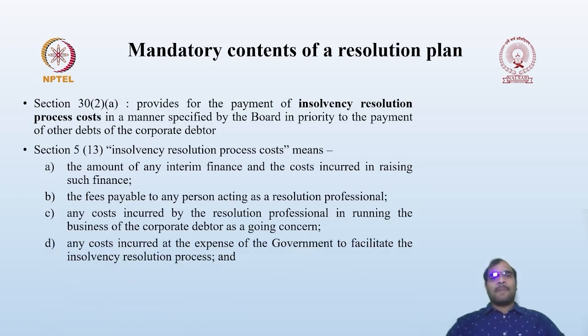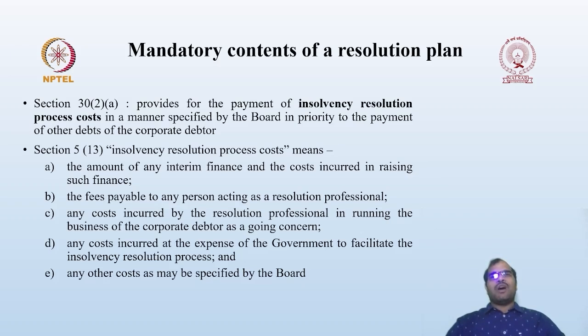Then any cost incurred at the expense of the government to facilitate the insolvency resolution process. If the government has incurred any expenses to facilitate the resolution process, such expenses must be a part of insolvency resolution process cost. Then any other cost as may be specified by the board. The board is going to specify specifically. Then all these costs will be part of insolvency resolution process cost.